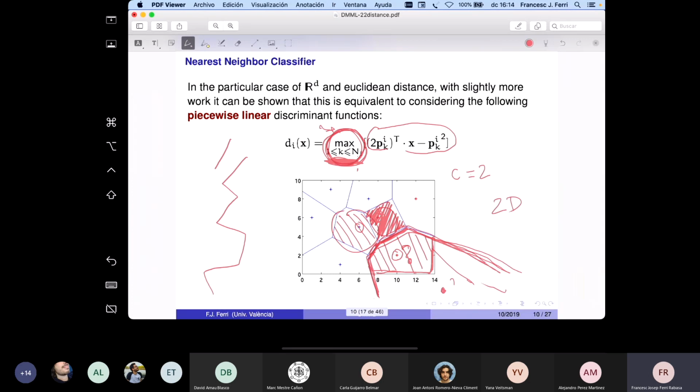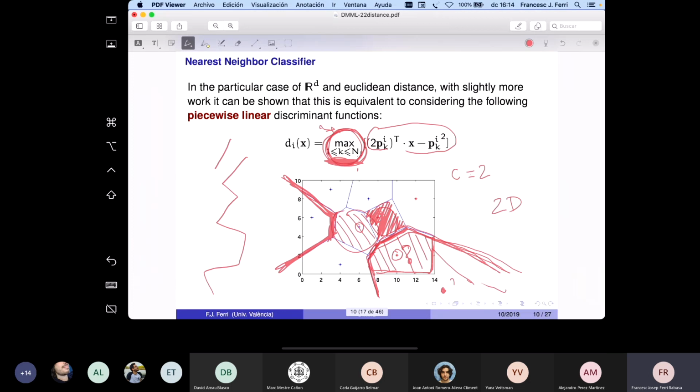In any case, all of them will have a fixed number of sides or faces, a fixed number of faces, and the region itself is a convex region.